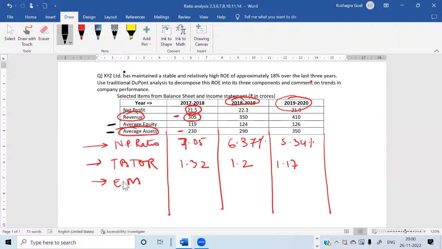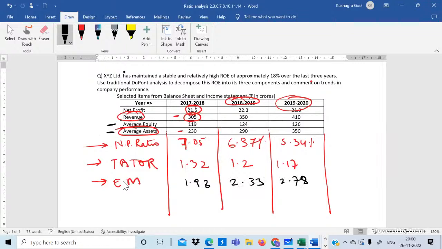Calculate and tell me what's your equity multiplier for 17-18. Okay, I've got an answer of 1.93. Then anyone who's got it for 18-19? Okay, 2.33, and then for the next one, 2.78. Numbers close to this are fine.